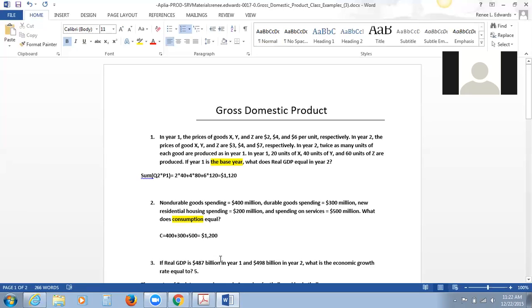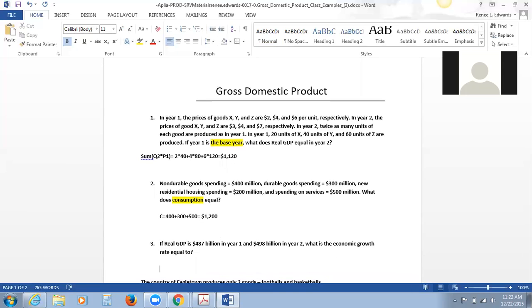Number three is asking you to just calculate a growth rate. Know how to do a percentage change. What I mean is new minus old over old. So that is new 498 minus old 487 over old, which is going to be 487.